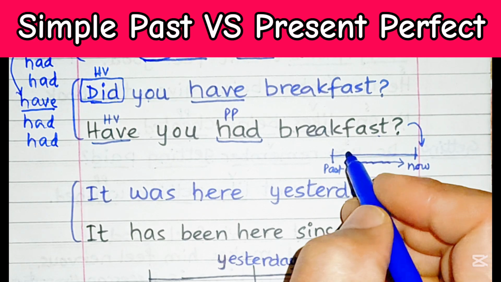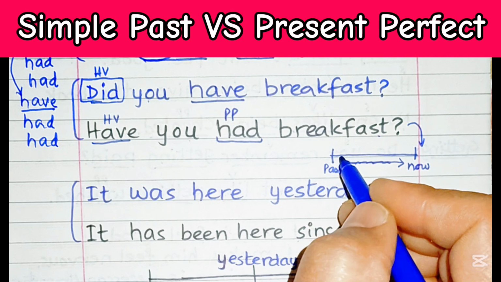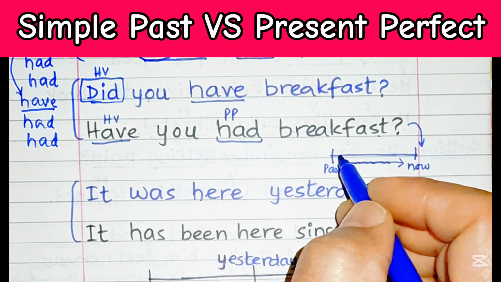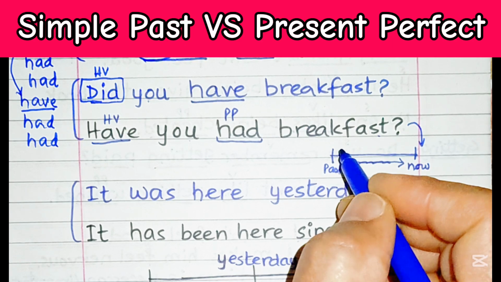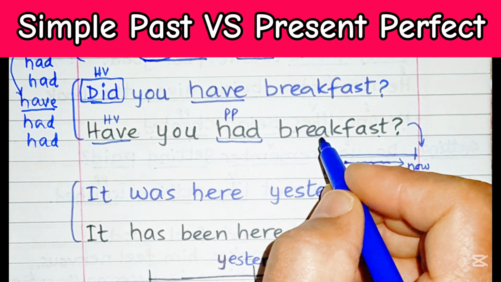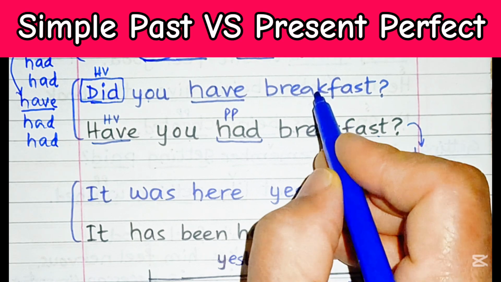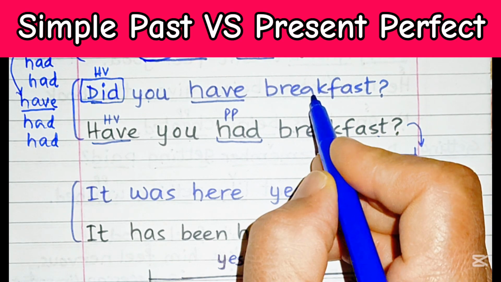For example, it may be early in the morning, the time may be any time in the morning. So as I said, the difference is that this is clearly in the past. Did you have breakfast?